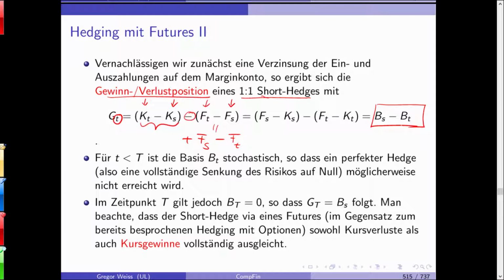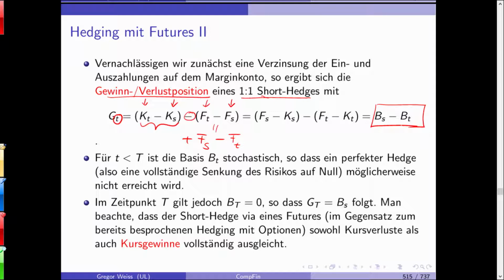For T less than capital T, so if we settle the position before maturity of the future, this is not a perfect hedge. We can see that actually if we keep the future until maturity, we cannot reduce the risk to zero. However, if we keep the future until maturity, if we let it expire, we know that the basis of the future will be, at this point, zero.